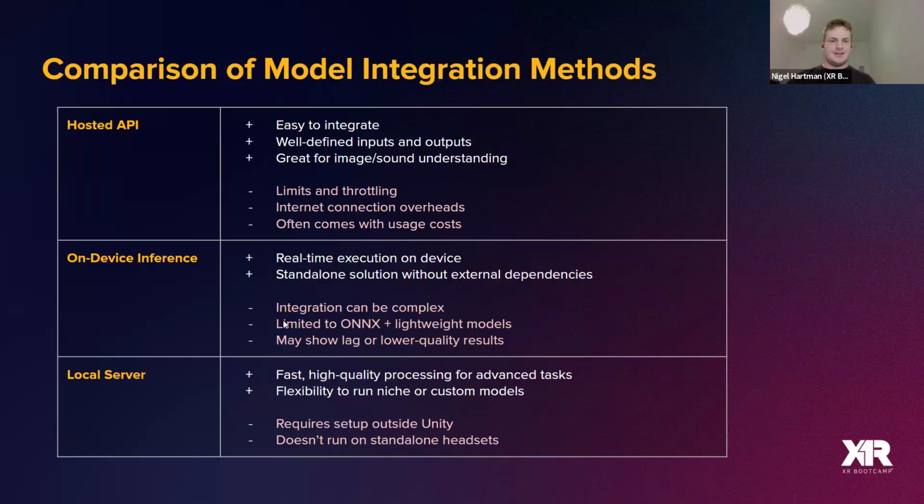And it's limited to maybe some formats or sizes of your models. The local server is something in between both of them. It basically maybe even combines the advantages and disadvantages of both. But like I said, we will go into more detail later, so I just keep it open.